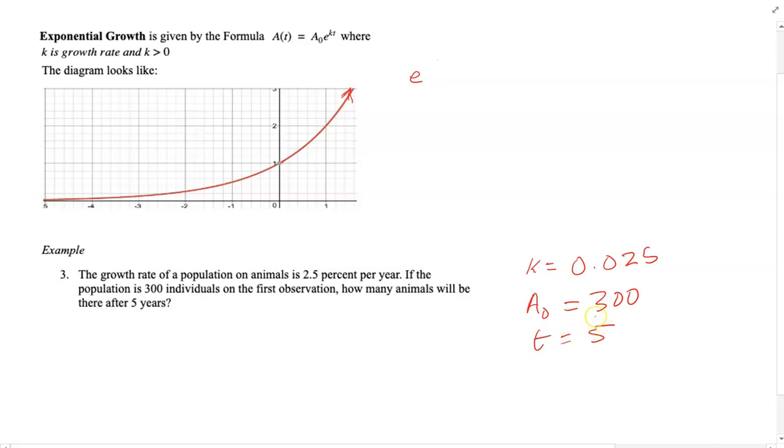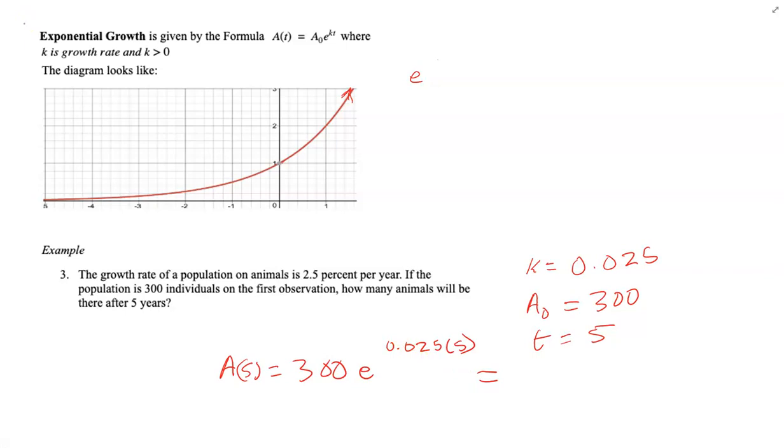Now what we want to do is find A of t, which is A of 5, equals A sub 0, which is 300, e raised to the 0.025 times 5. And this we will plug into our calculator and see what comes out of that, okay?